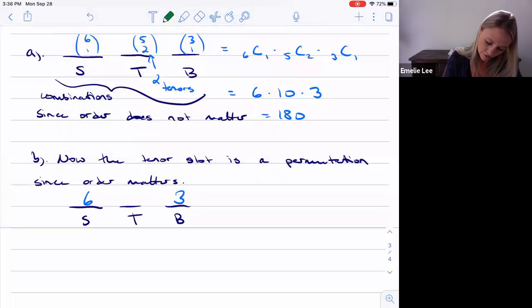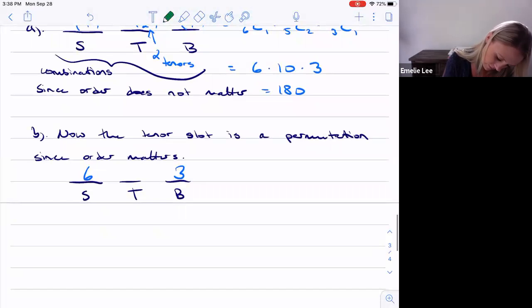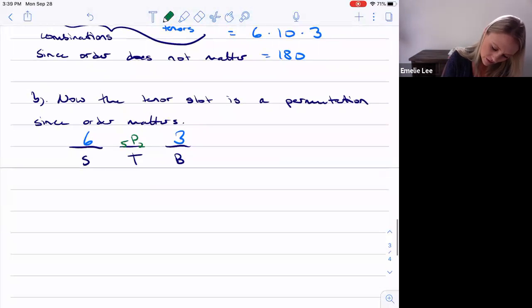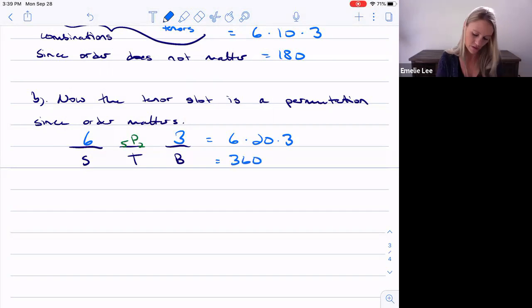And so here for the tenor, this is going to be 5P2. And there are 20 ways if order matters. Right? If Bob is lead tenor and Doug is not, that's different from Doug being lead tenor and Bob is not. Okay. So this becomes 6 times 20 times 3, which is 360.